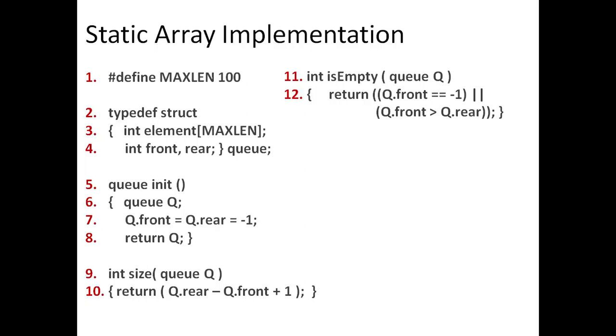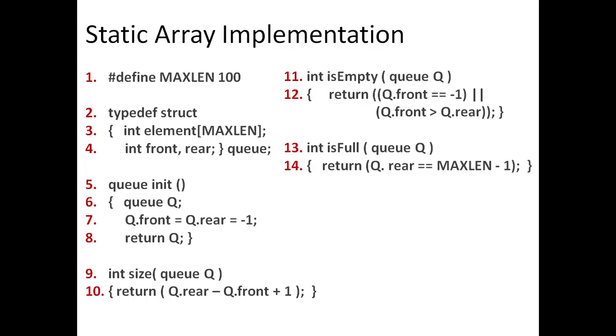Else, if both the specified conditions are false, then only the isEmpty function will return false. Similarly, the isFull function is checking for the overflowing condition, that is, when rear reaches the maximum allowed index. If so, then the function returns true, else it will return false.